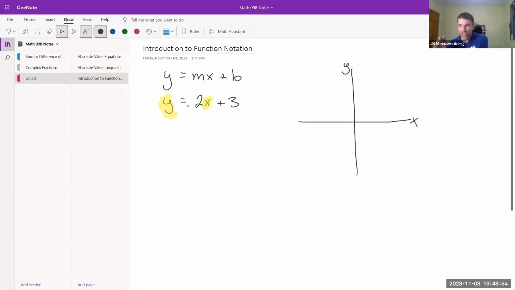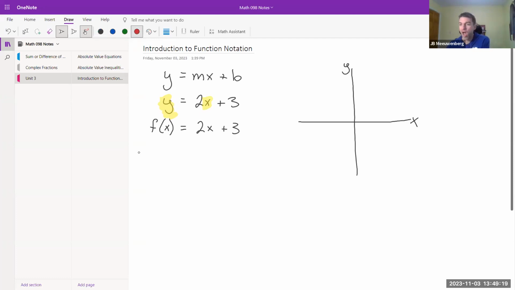With functions, we change our thought process a little bit, even though the idea is still the same. Instead of y equals 2x plus 3, we might write it as this. In place of the y, we write an f followed by parentheses with an x inside it. The rest of the equation is still the same.